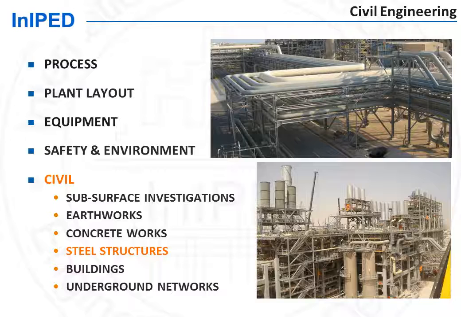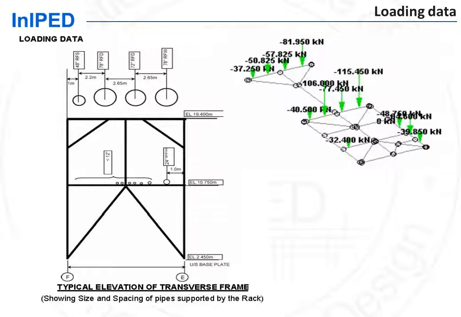Equipment loads are obtained from equipment vendors. Pipe loads are obtained from piping discipline. Pipe loads do not only include empty pipe weight and weight of fluid, but also the horizontal forces due to the pipe expansion.